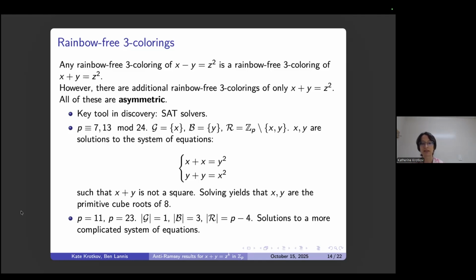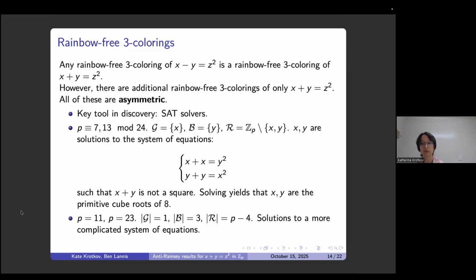And solving this system of equations gets that x and y are the primitive cube roots of 8. Or, to be clear, x and y could also be 2, but that would mean that x is equal to y is equal to 2, and we don't want that. We want them to be distinct. And that means x plus y is equal to negative 2.